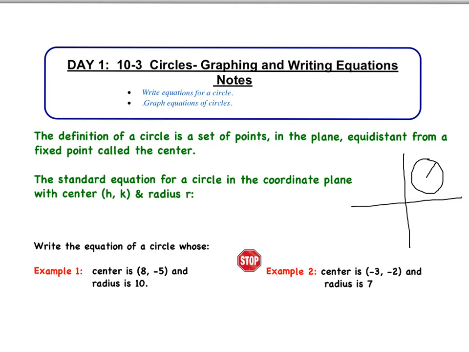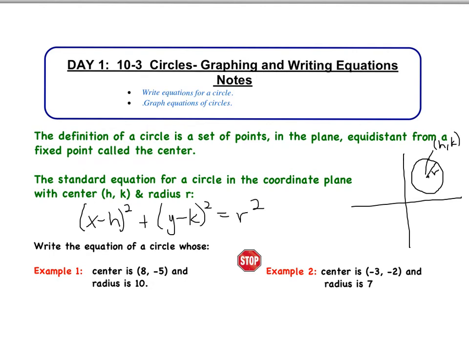The standard equation for a circle in the coordinate plane with center (h, k), and a radius r, is (x minus h) squared plus (y minus k) squared equals the radius squared.